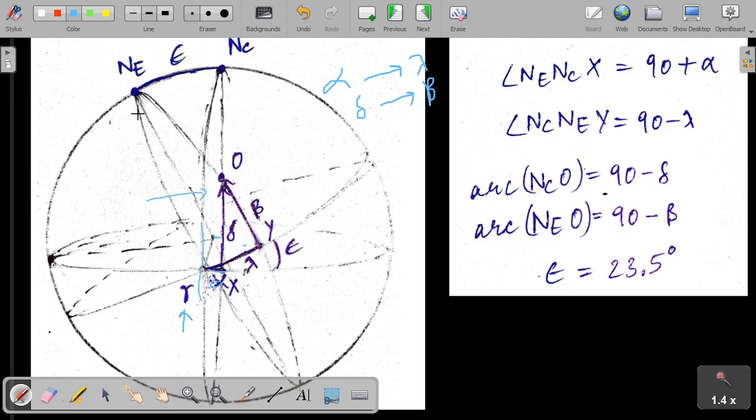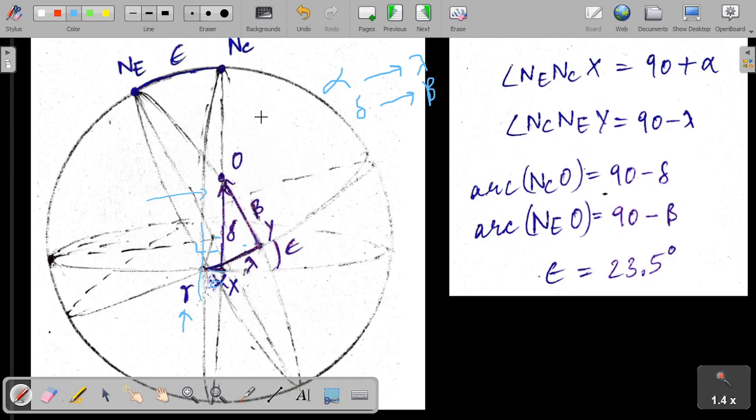The angle NE, NC and X is just 90, which is this angle, plus alpha, which is this angle. So 90 plus alpha is the spherical angle NE NC X.